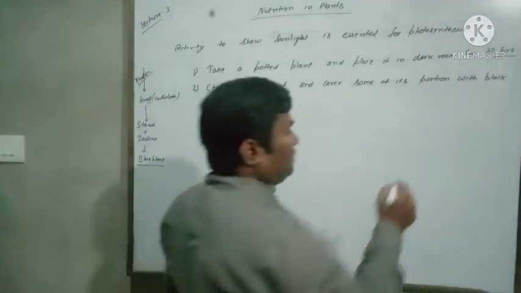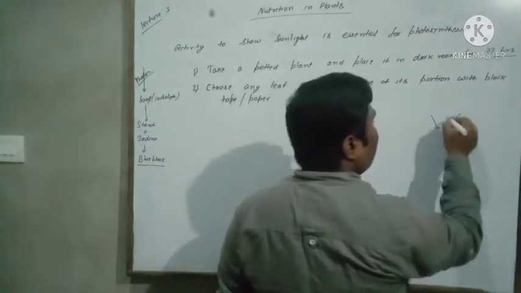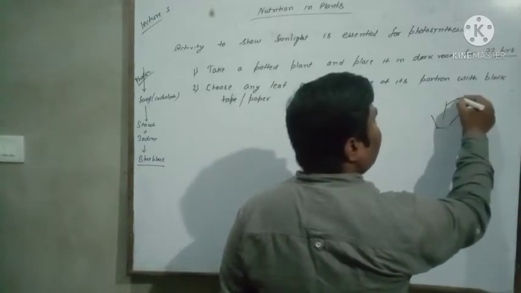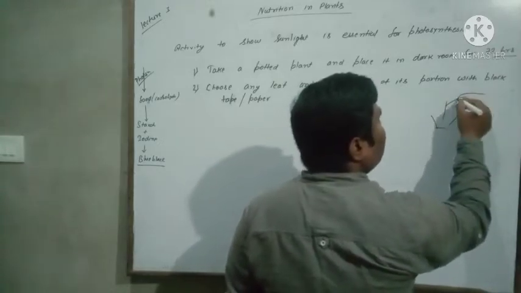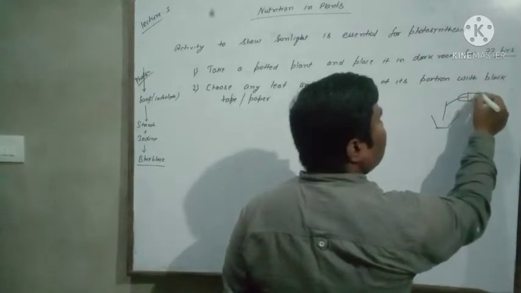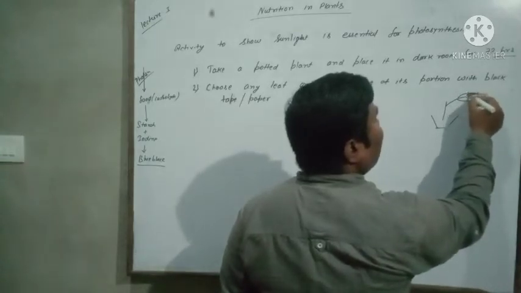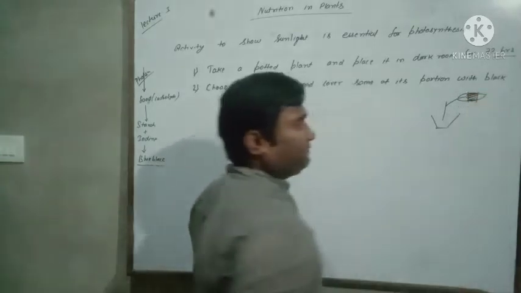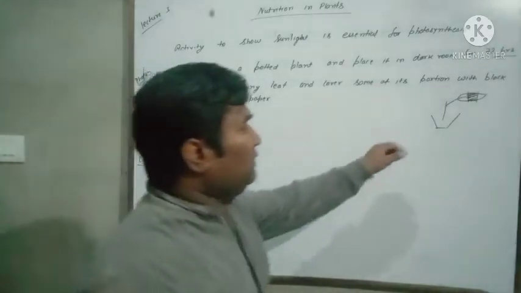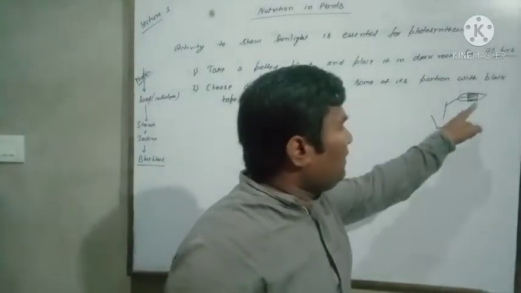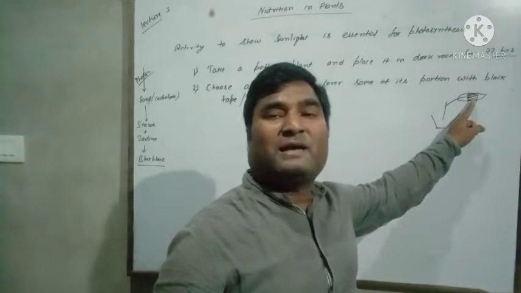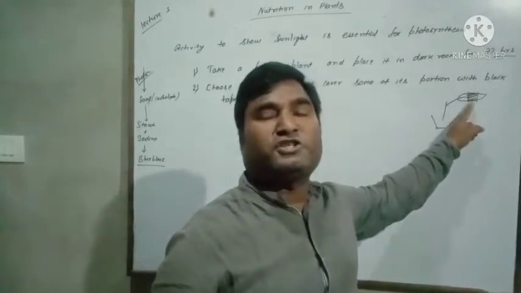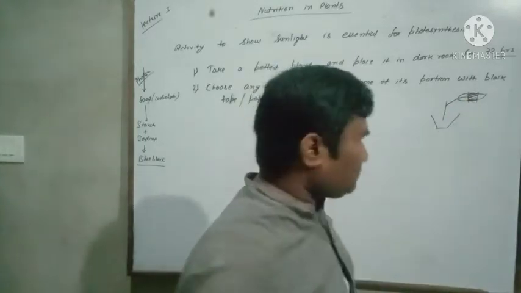That means, this is a potted plant, we will choose one leaf of this plant and cover this portion of the leaf with black tape. Okay, so we have only placed a black paper on one portion of the leaf. Okay.